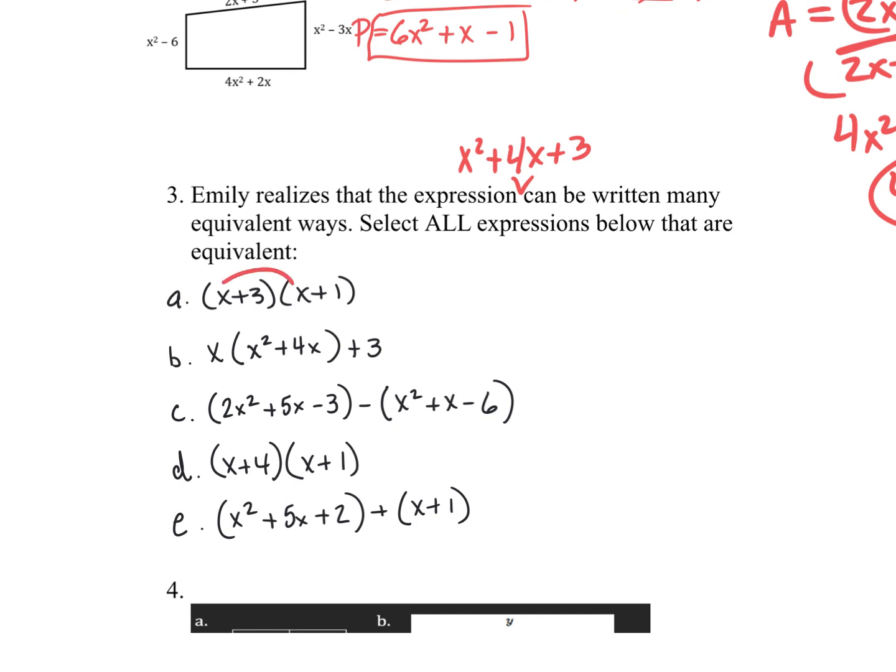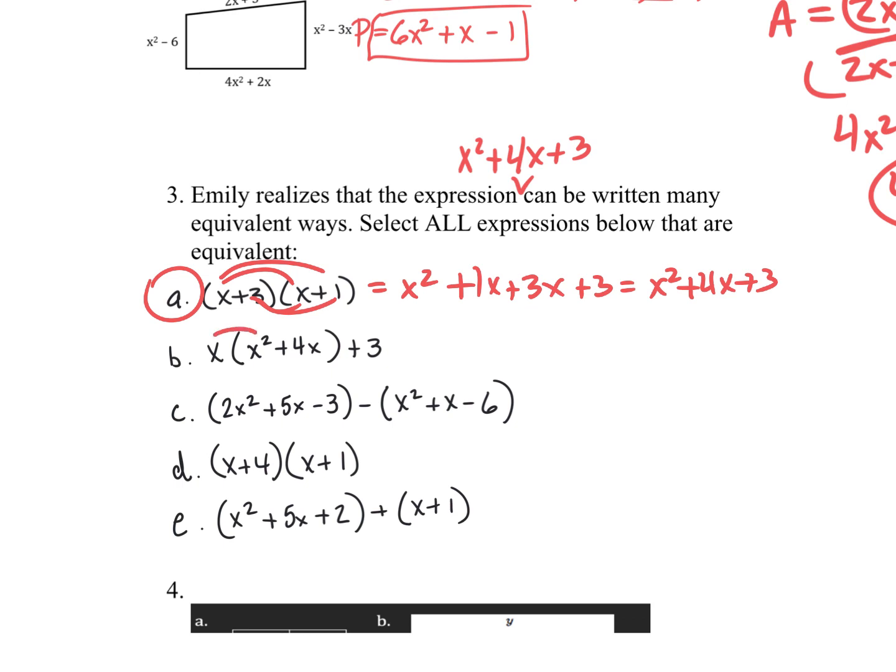So for A, x times x, I have to simplify each one of these. x squared, x times 1, 1x, 3x, 3, that's x squared plus 4x plus 3, and that is the same, so it is equivalent.